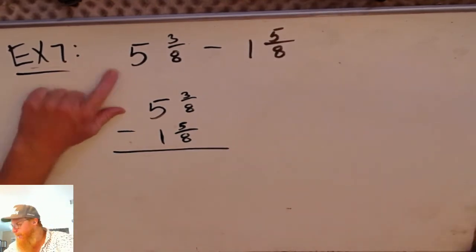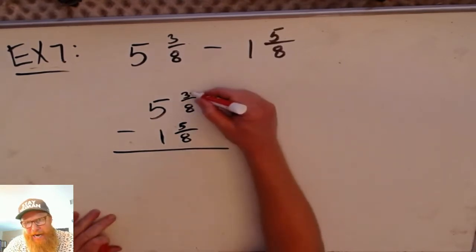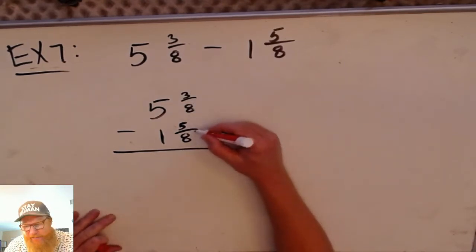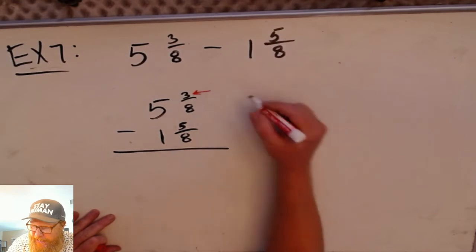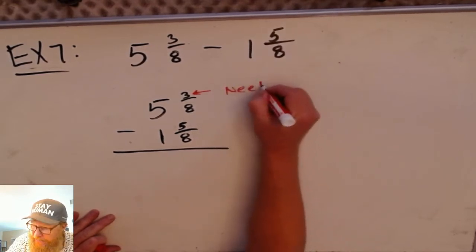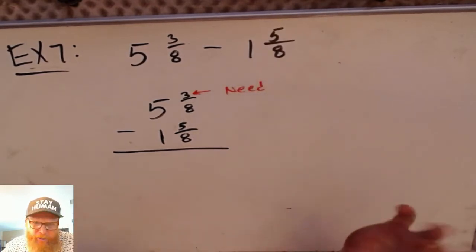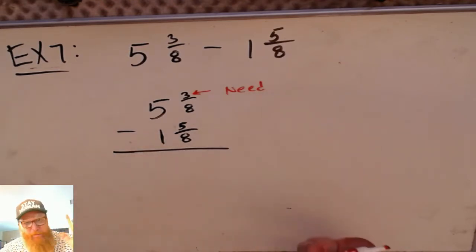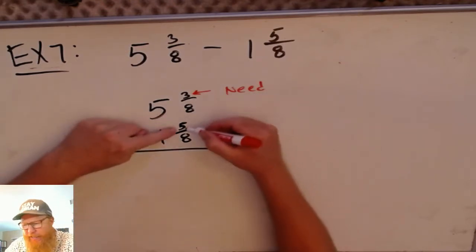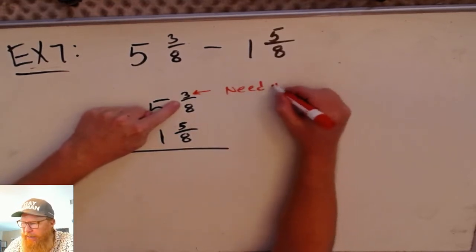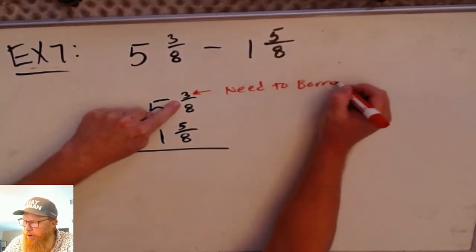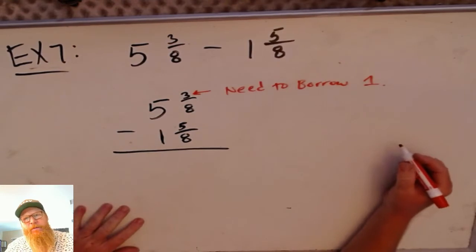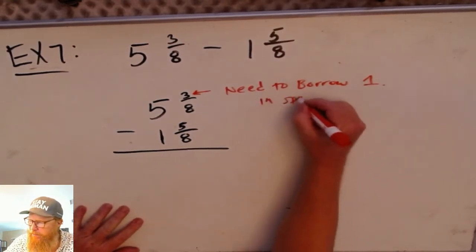Now, 3/8 and 5/8, you can't subtract. We're assuming we're not going to go into the negative numbers here. We might eventually, but for now I'm assuming you cannot take away 5 from 3. So you need to borrow 1, in a special form.